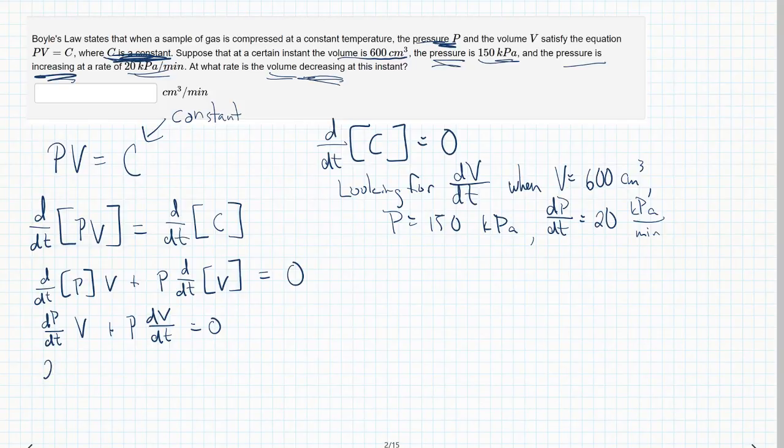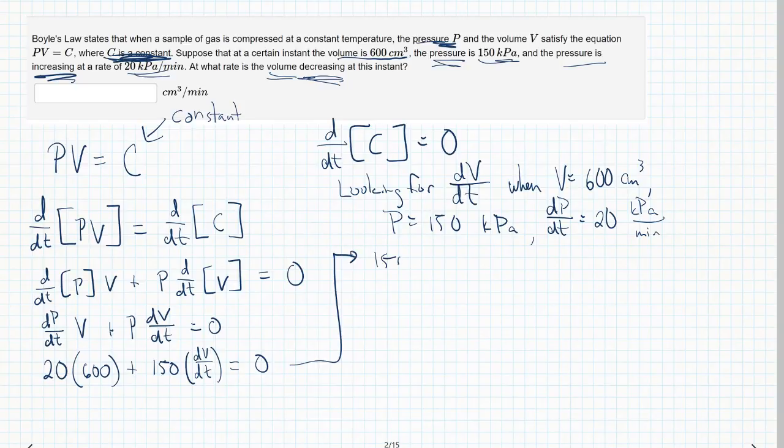So dP/dt is 20, right? We have our volume somewhere here, 60, or no, 600, sorry. P, that's 150. And then we have, I'll put it in parentheses just for kicks, 150 times dV/dt. That's what we're looking for, so this is just going to be basic go ahead and solve.